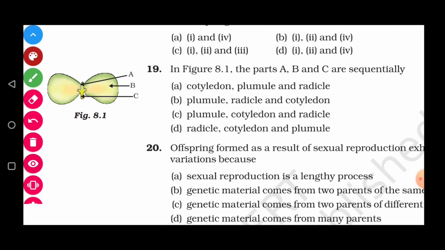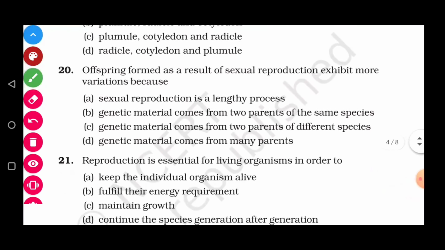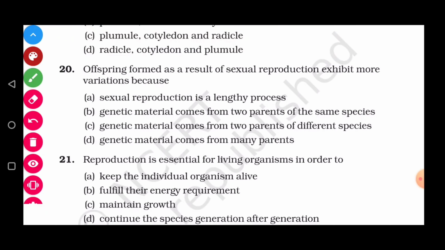Now move on to the next question. Question number 20. Offsprings formed as a result of sexual reproduction exhibit more variations because organisms that reproduce sexually show more variations. What is the reason? The reason is genetic material comes from the two parents of the same species. Here genetic material is coming from both parents. Sexual reproduction means it has male and female.